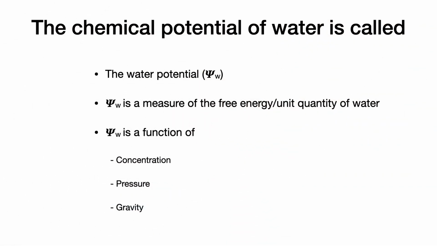So the chemical potential of water is called psi sub W in this case, or the water potential. We use this Greek symbol psi to represent the chemical potential, and we use the subscript W to refer to the water potential.